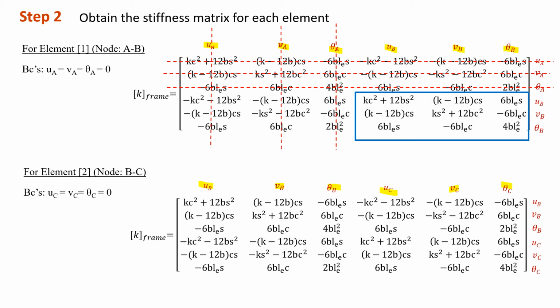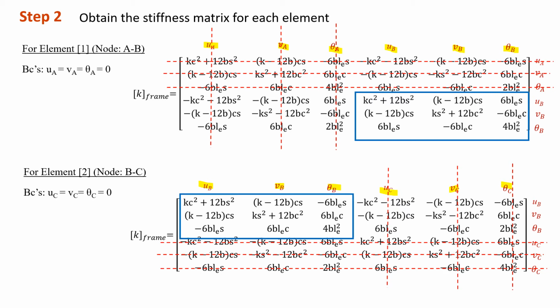In this case, we know that UC, VC, and theta C are equal to 0. So that we can eliminate those rows and columns, so that for element 2, we just need to solve these 9 parameters.